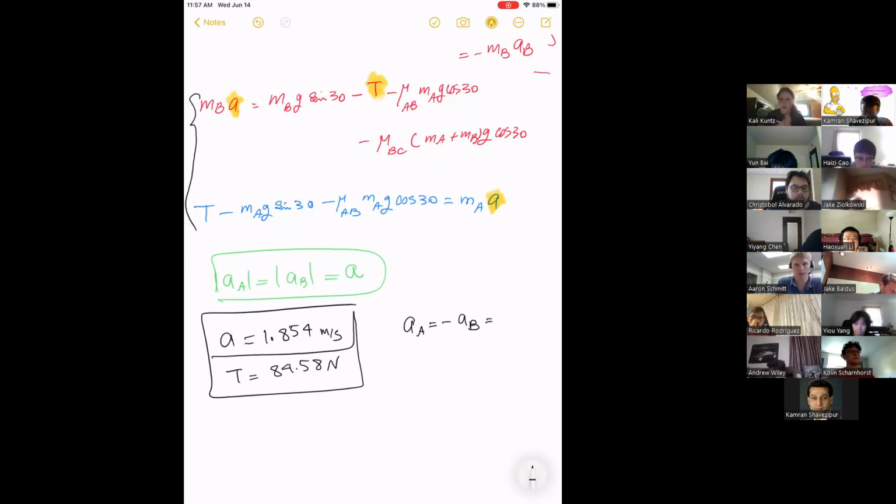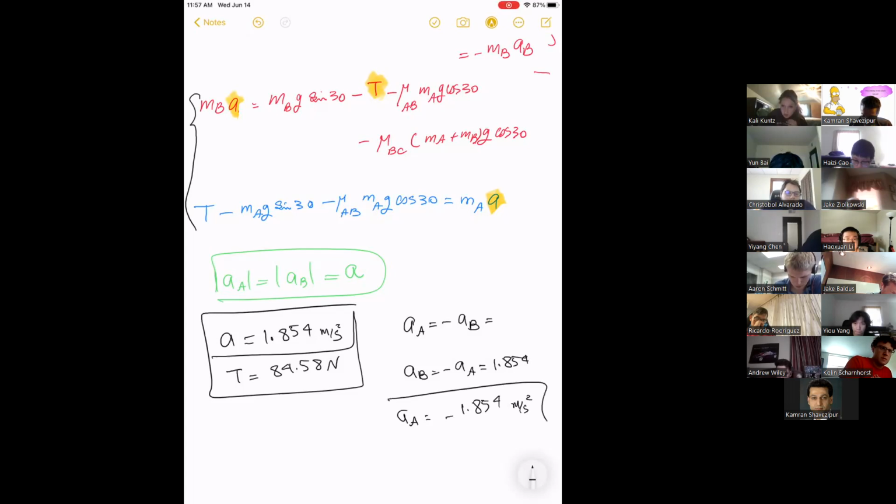Considering A decreases, the displacement SA decreases, we may just put it this way. AB is minus AA equals 1.854, which means AA is minus 1.854 meter per square second, right? Because A decreases. At least we know their opposite direction. Any question up to here?